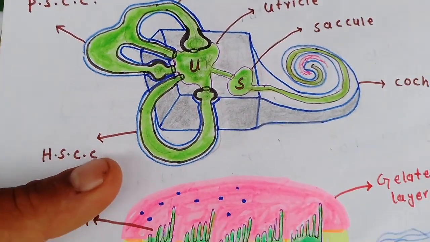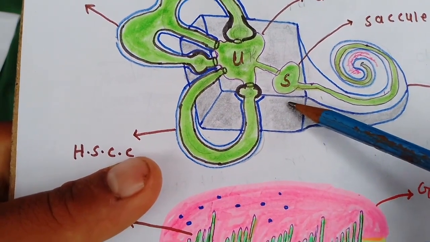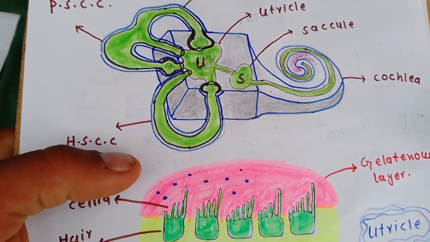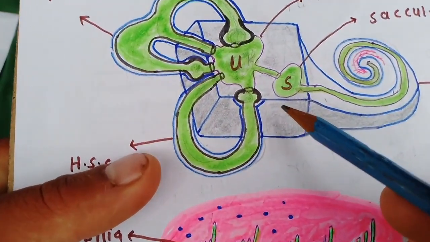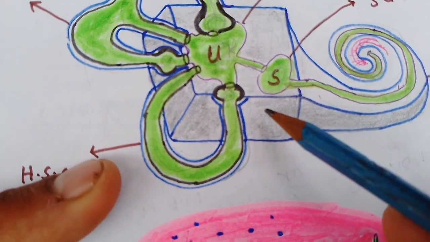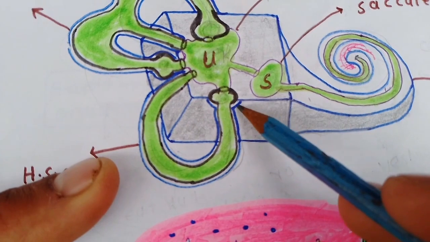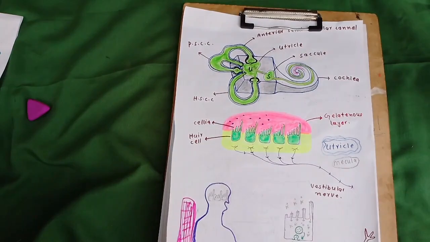As you can see here, the bony canal, and this is the concept from the previous lecture 2A, but this is lecture 2B. The membranous part, and these all are the bone.